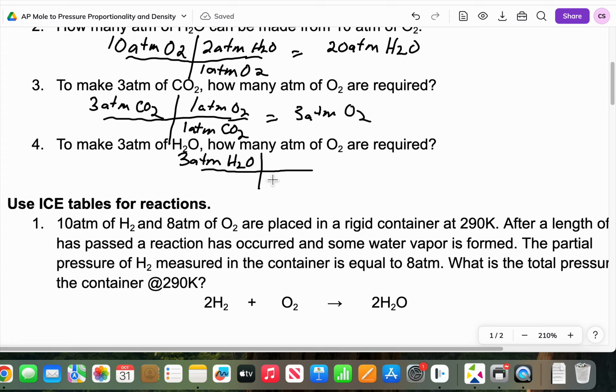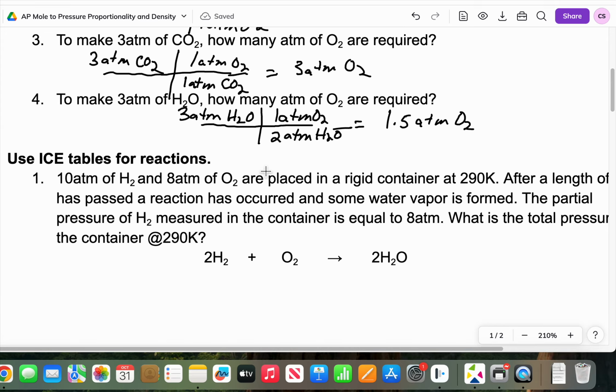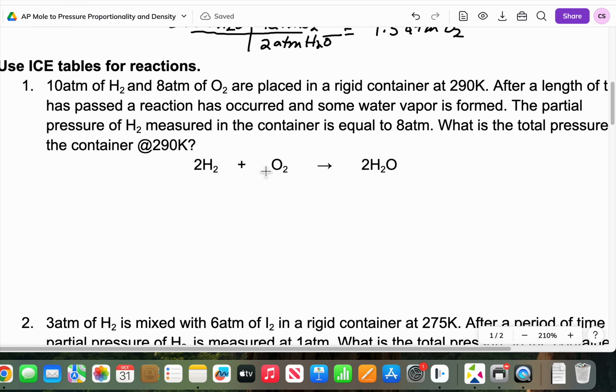So for every 1 atmosphere of O2, you need 2 atmospheres of H2O. And so you have to divide that, and you end up getting 1.5 atmospheres of O2. So that's something to keep in mind. It might come into play sometime.